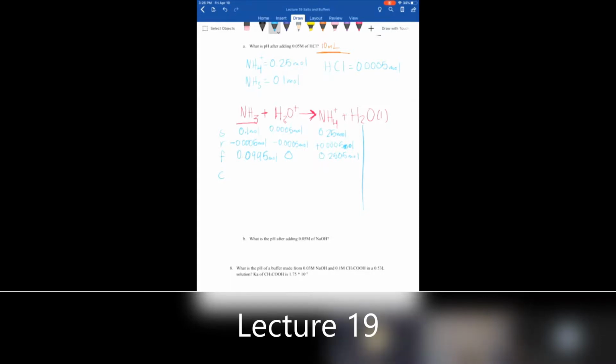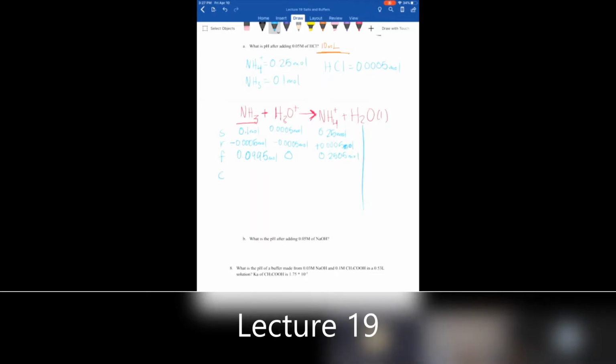Are you sure? How do you go from moles to molarity? You just divide by liters. Okay, so what's your volume now? It should be 1 liter plus the 10 milliliters.